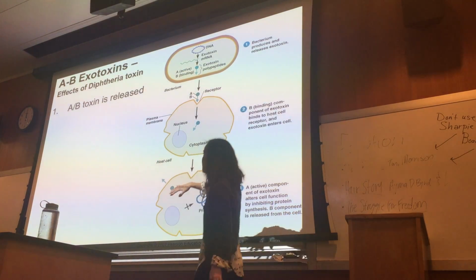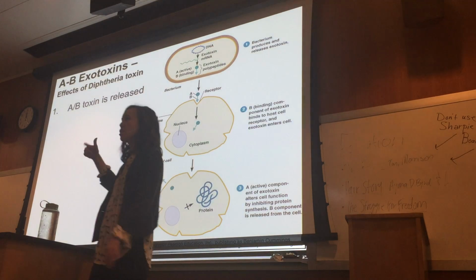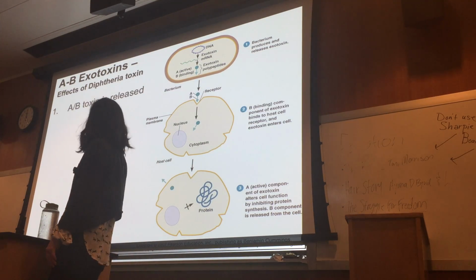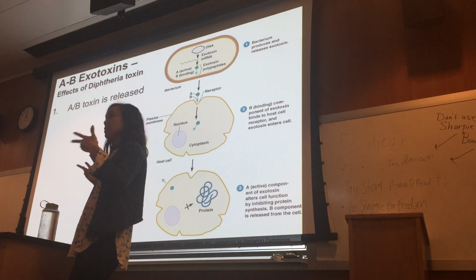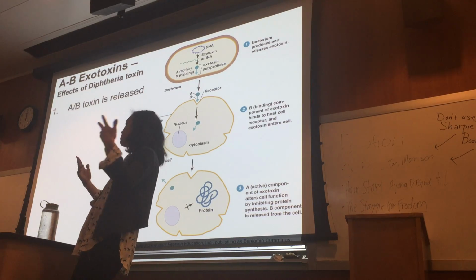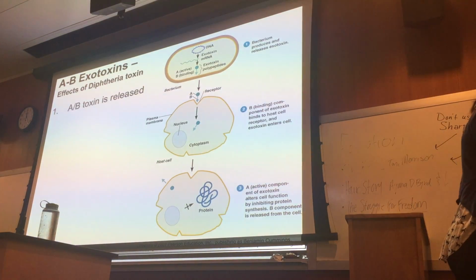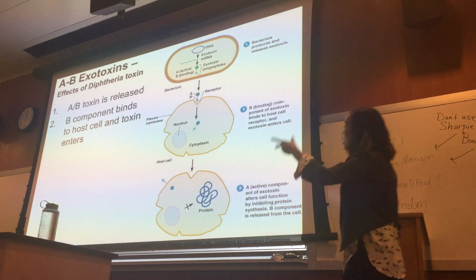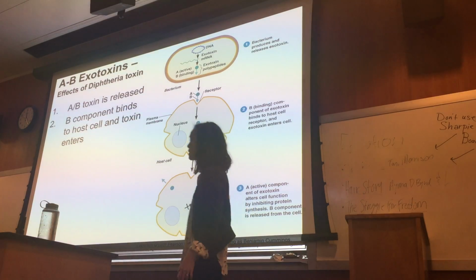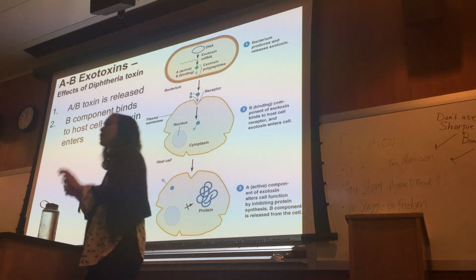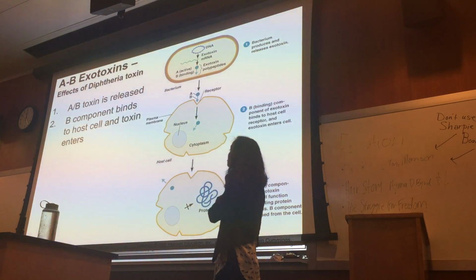The toxin, though, is not a neurotoxin or enterotoxin, it's a cytotoxin. We just said cytotoxins can lyse or alter the function of your cells somehow. So what happens is the B part will go ahead and bind to the cells at the back of your throat.